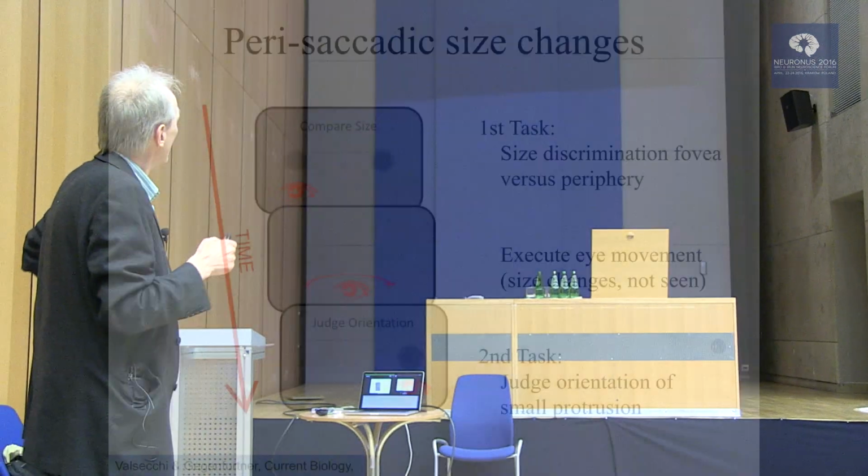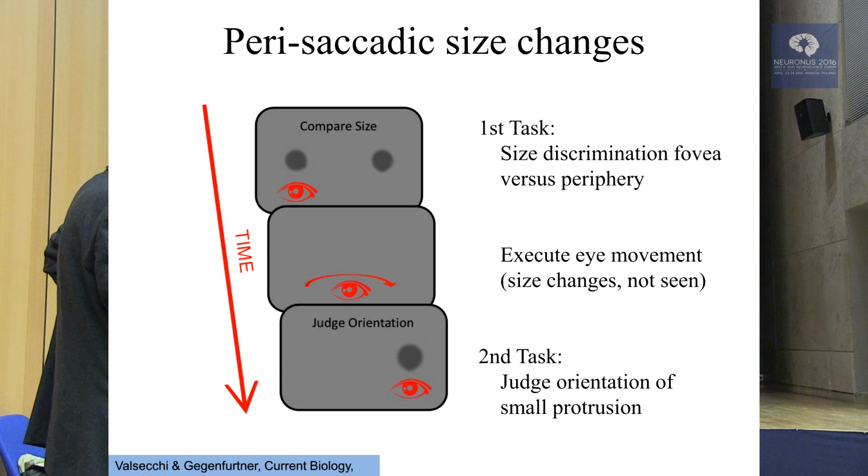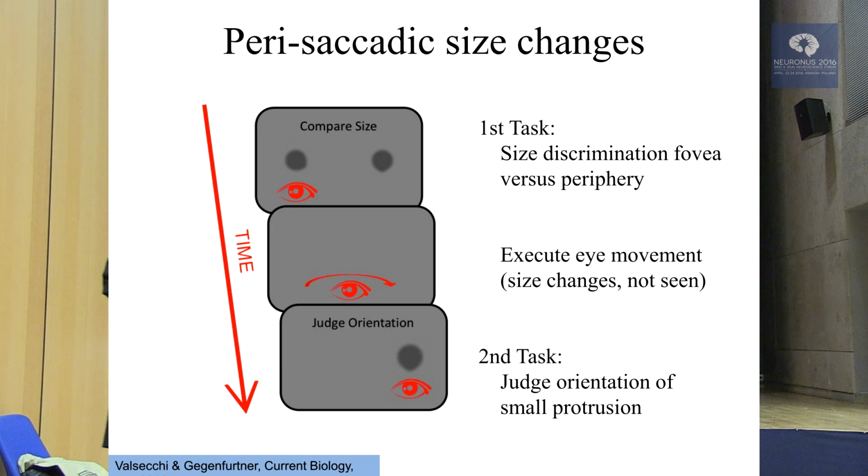Our observers were fixating at an object, a blurry circle at the center, and they viewed another blurry circle in the visual periphery, and they first had to do a size judgment. They just had to say which one of these objects looks bigger. For example, they would indicate, well, the object I'm looking at looks bigger.